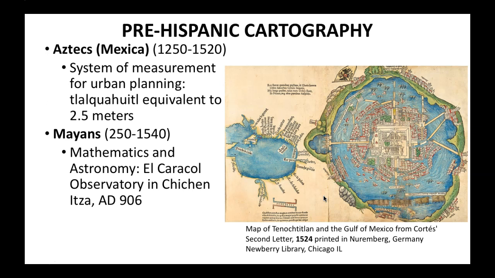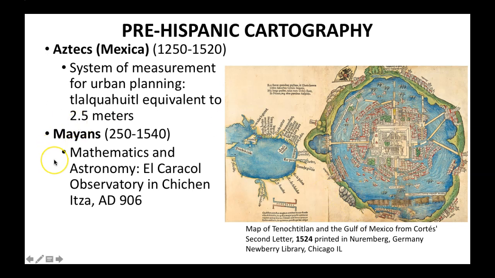The Mexica had a system of measurement, especially for urban planning. They used a Tlalcoahuitl, which is equivalent to about 2.5 meters. And it was used because agricultural production was managed through measurement as well. But many of the maps of the Aztecs often revolved in a circular theme, and we also see physical geography depicted and drawn in the style of these maps.